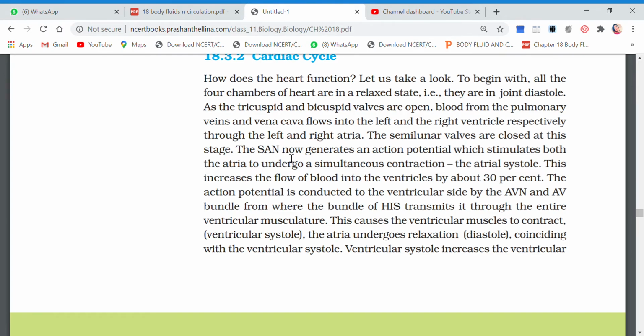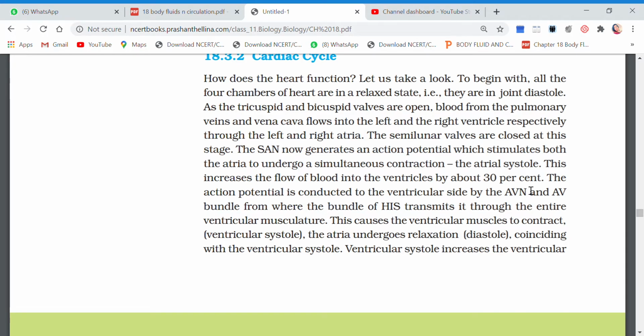It was SAN. But after giving the action potential to the auricles, this stimulus will again be passed on or conducted to the ventricular side, and who will do that passing on? AVN and AV bundles, from where the bundle of His transmits it to the entire ventricular musculature.